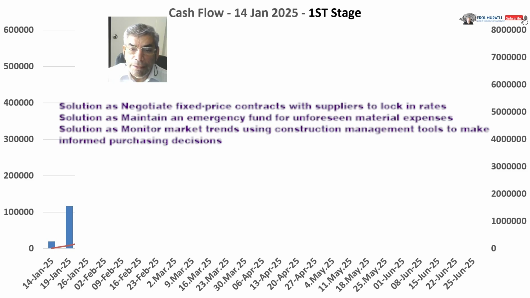The solutions are to negotiate fixed price contracts with suppliers to lock in rates, maintain an emergency fund for unforeseen material expenses, and monitor market trends using construction management tools to make informed purchasing decisions.